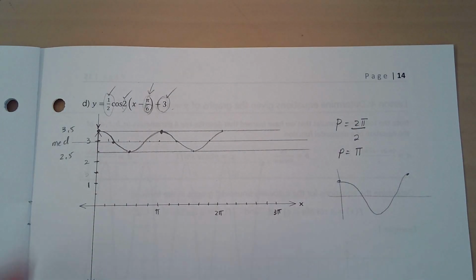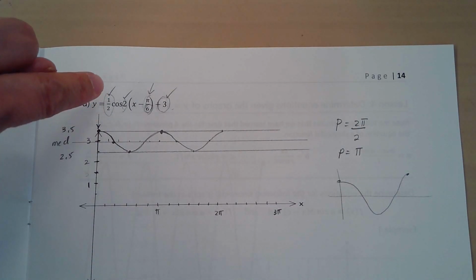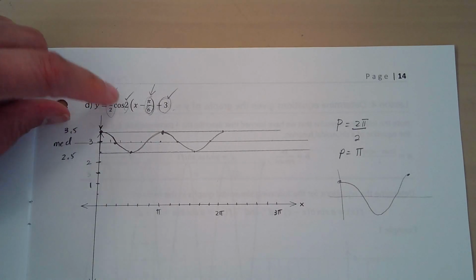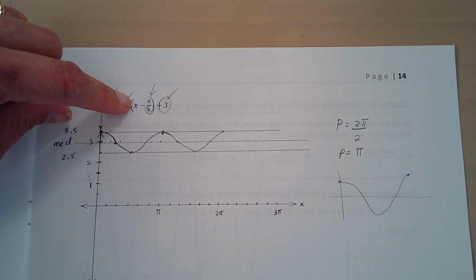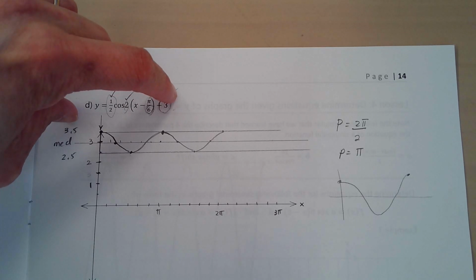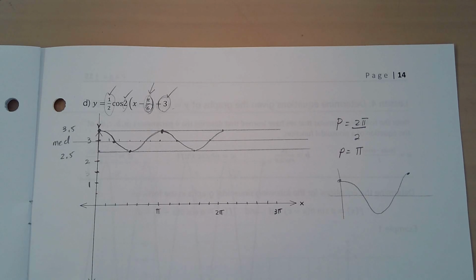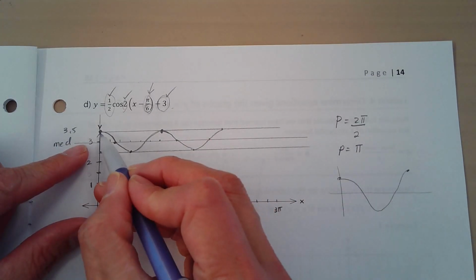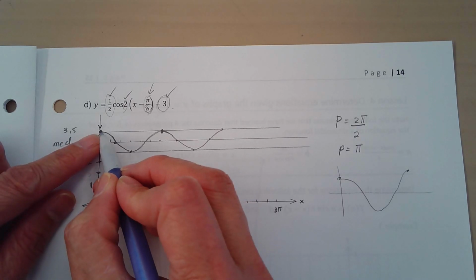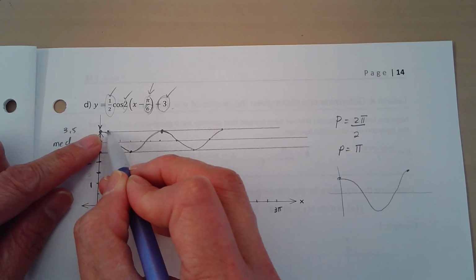So that piece already has the amplitude at a half, compression by a factor of a half, vertical shift of 3. The next thing that we're going to do is shift everything by pi over 6 to the right. So from here, every single point is shifted pi over 6.